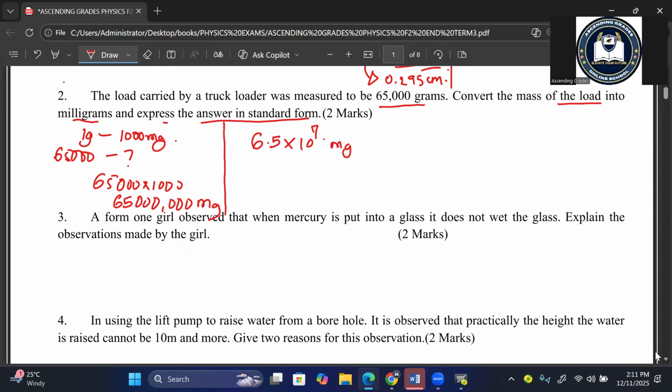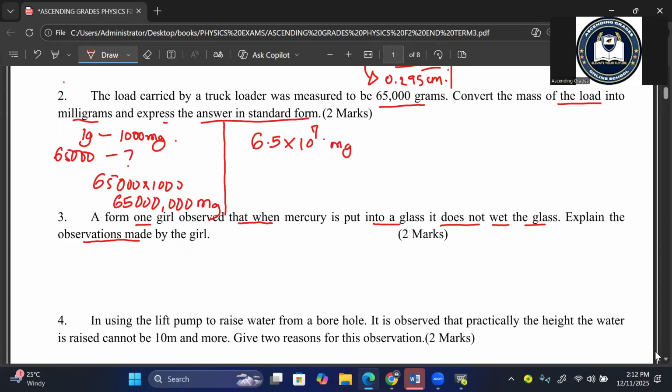A girl observed that when mercury is put into a glass, it does not wet the glass. Then we are told to explain this observation made by this girl. So you're supposed to explain this.